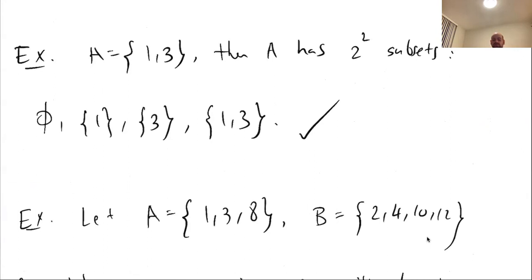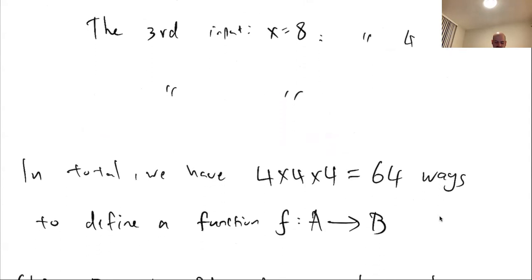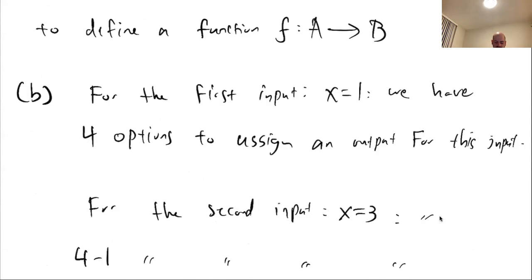One number has been chosen for the second input. I have to choose from this list, right? One of these numbers has been chosen for the first input, one has been chosen for the second input. So 2 of them have been already gone, and I'm left with 4 minus 2, which is 2, options to assign as an output of the third input.